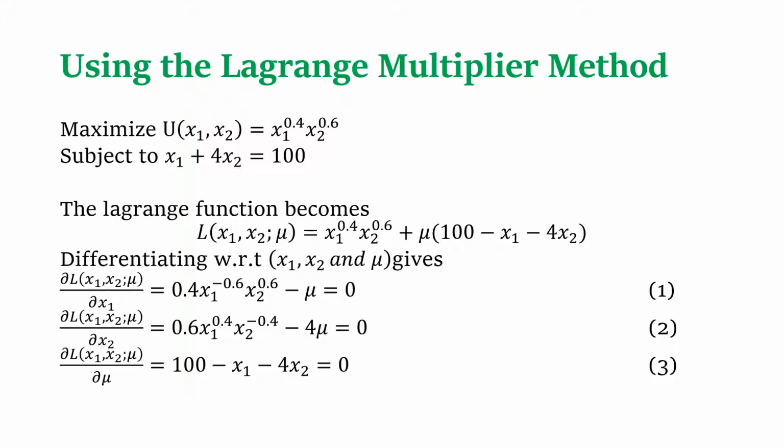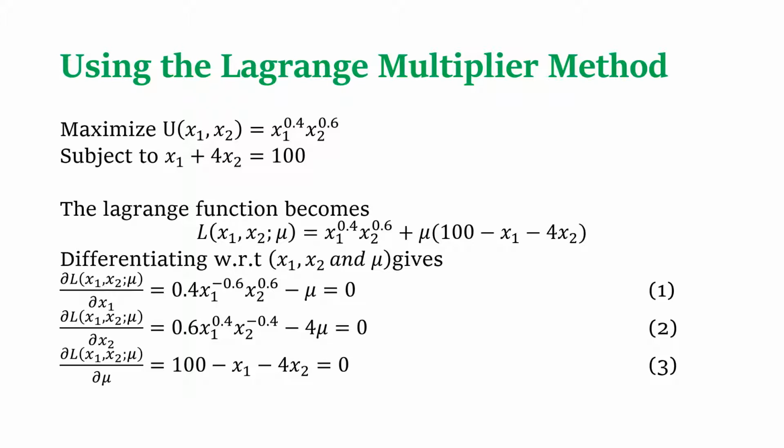Now we know the budget constraint is x1 plus 4x2 equals 100. And so when we introduce the Lagrange multiplier there, all we need to do is to transpose all the variables to the other side of the equation. And that becomes 100 minus x1 plus 4x2 equals 0, right?